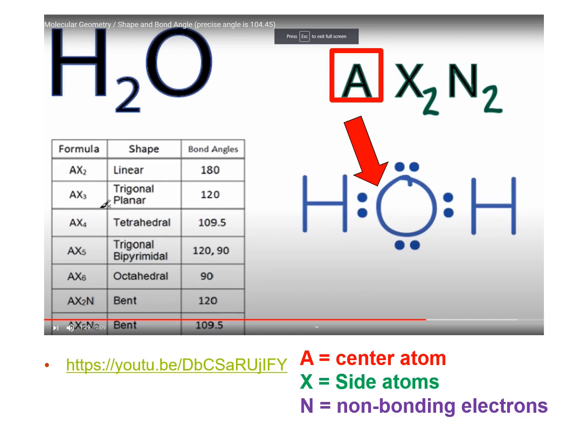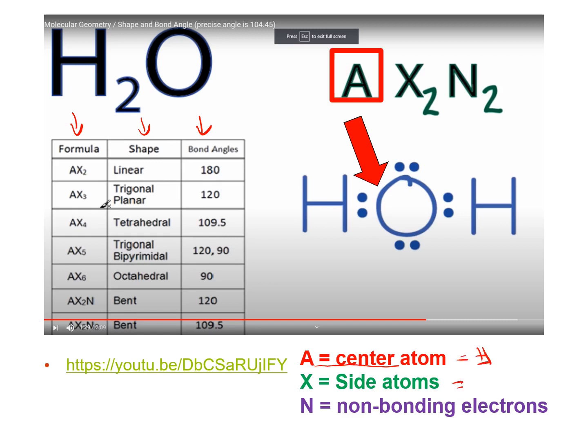So in this video, they also go into more detail and they even show you a formula. In addition to the explanation, they have a formula with a shape and they explain the angles. Here you have three main parameters. A is the center atom, so you need to know how many atoms in the center you have.